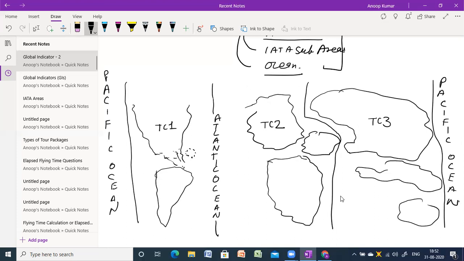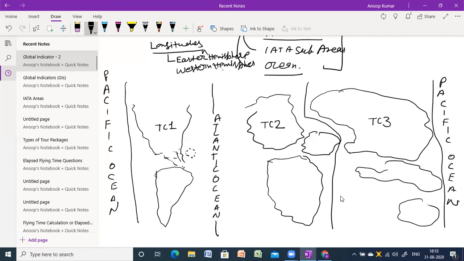I just wanted to take you a little bit back. When we discussed longitudes and latitudes, I told you that the longitudes divide the whole world into two parts, and those are the Eastern Hemisphere and the Western Hemisphere.